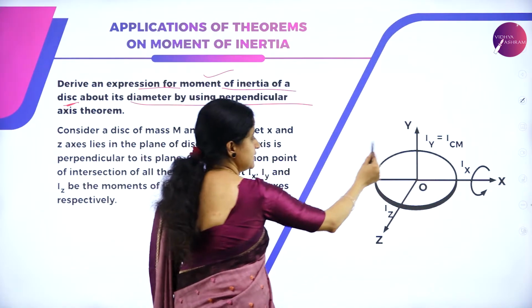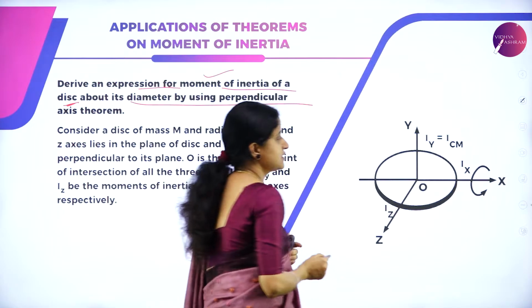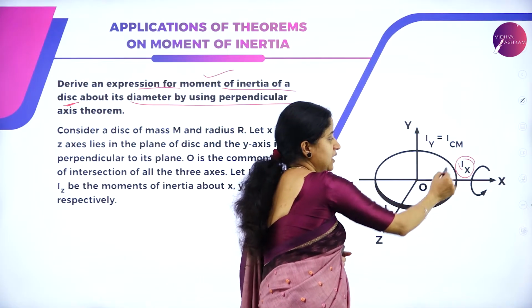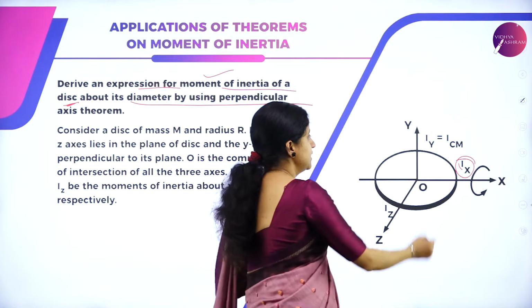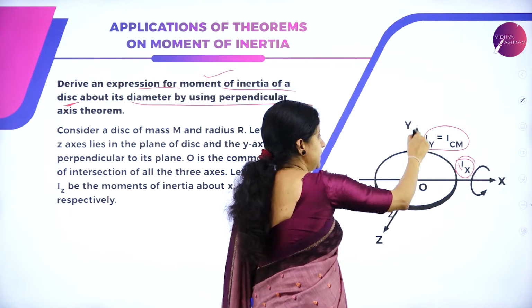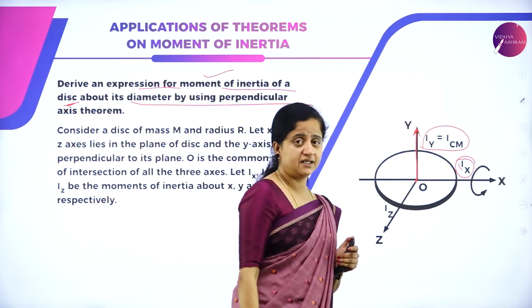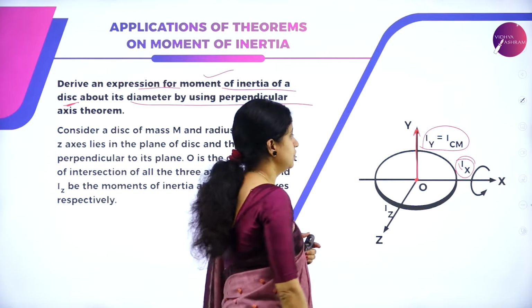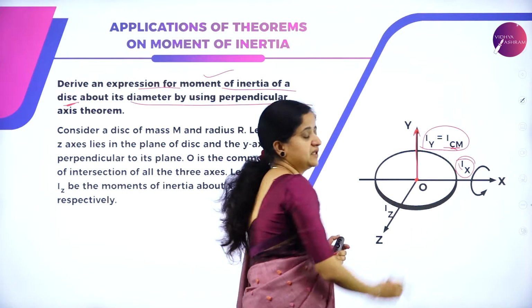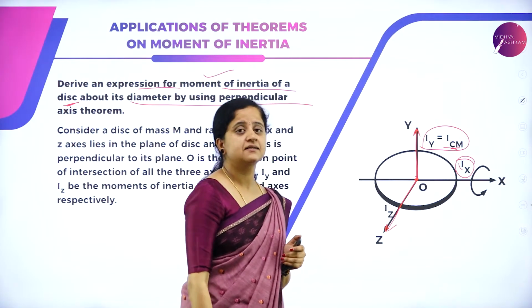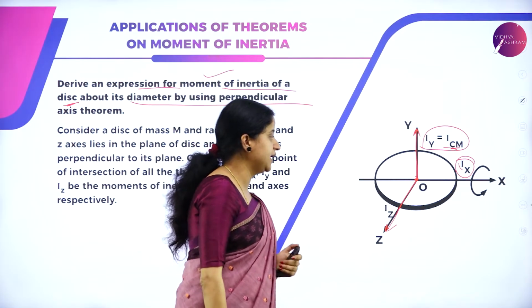So this is a disk whose axis of rotation is along the diameter, and we have the x-axis. The moment of inertia along the x-axis is given by Ix, the moment of inertia along the y-axis is Iy, and this y is perpendicular to the plane and it lies at the center of the disk. So Iy is equal to ICM, that is the inertia about the center of mass, and along the z axis the moment of inertia is denoted by Iz.